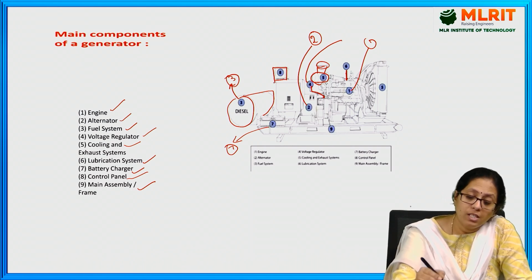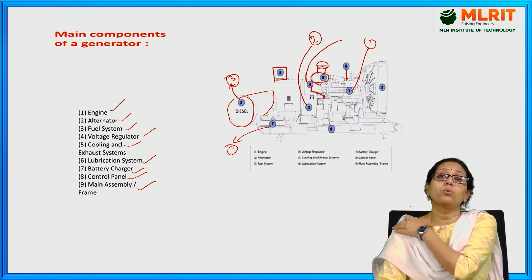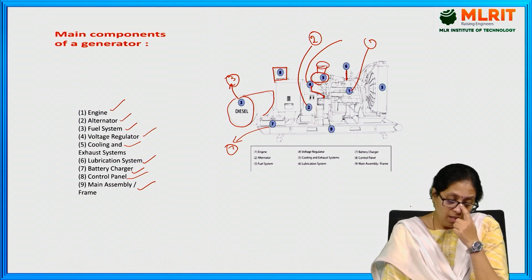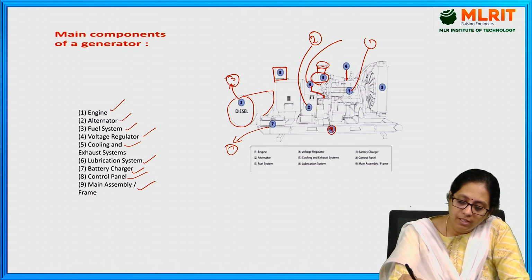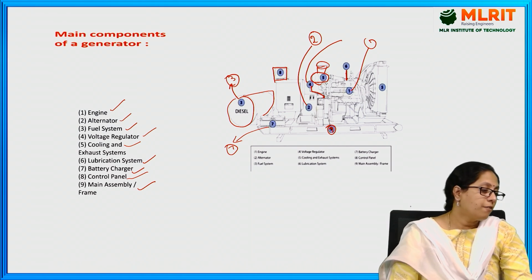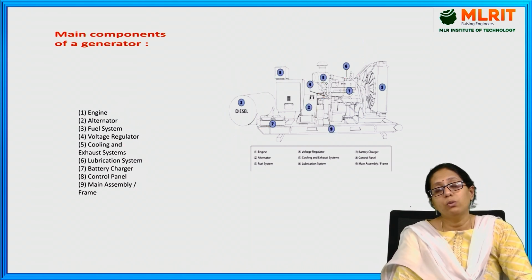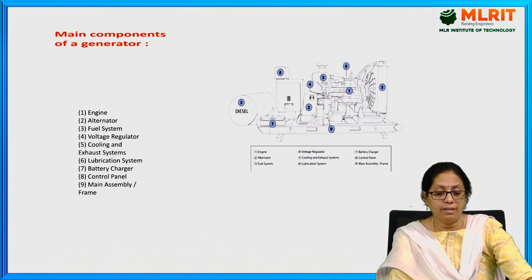This box is the control panel, which is used to switch on and switch off the device. The next one is the frame, this one is your main assembly or frame. So these are the different components which are used in the diesel generator.